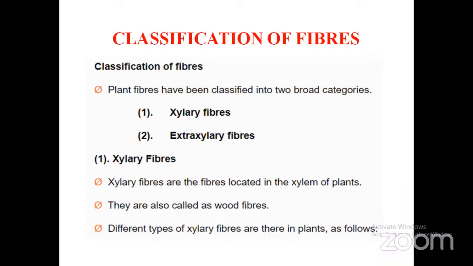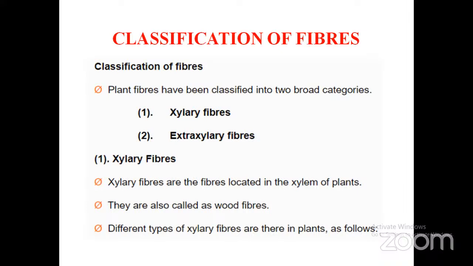These are transitional forms between the tracheids and the true fiber. These fiber tracheids are longer than sclerides, but shorter than true xylem fiber. These are intermediate, longer than sclerides, shorter than true fiber. They are the fiber tracheids.